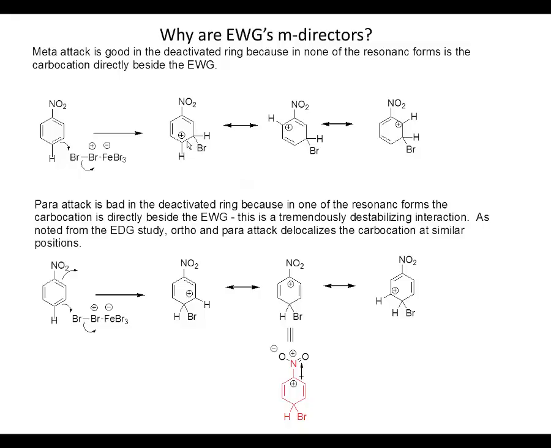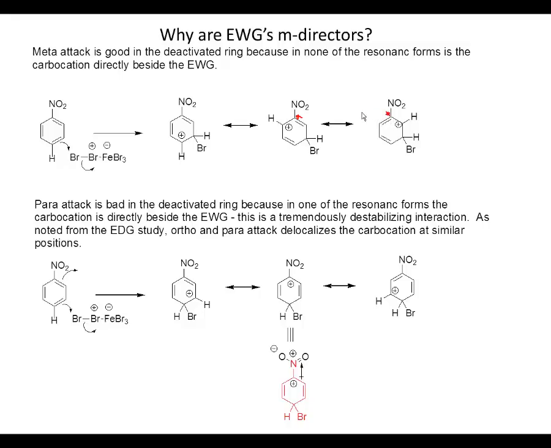Here is the initially formed resonance form. We have the standard allylic resonance forms that you have when you draw the resonance forms in these doubly allylic systems. And what you'll notice is that when you attack the meta position, never is the carbocation right beside the electron withdrawing group.